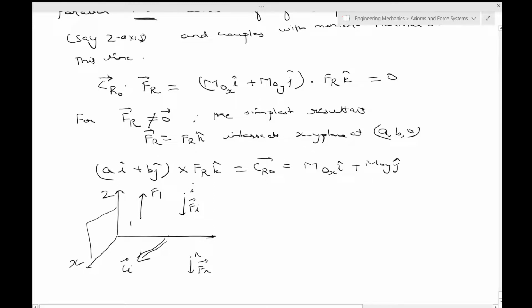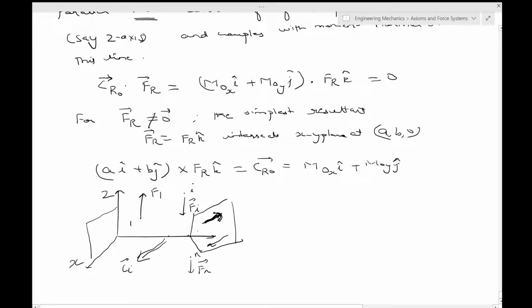So C2 can, for example, also be something like this. This is still perpendicular to the Z axis. So that is also a possibility of a parallel force. Now CRO dot FR will be equal to MOX i hat plus MOY j hat dot FR k hat. That quantity would be equal to 0 because of the dot products.